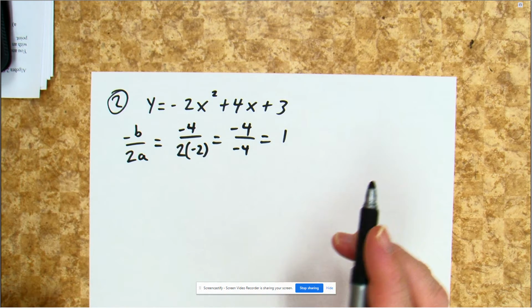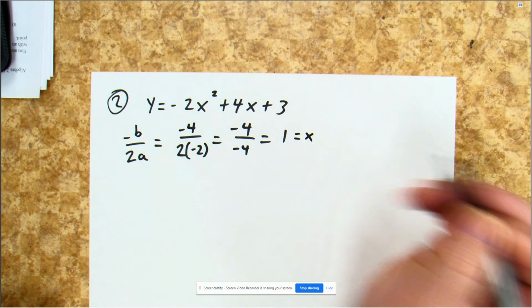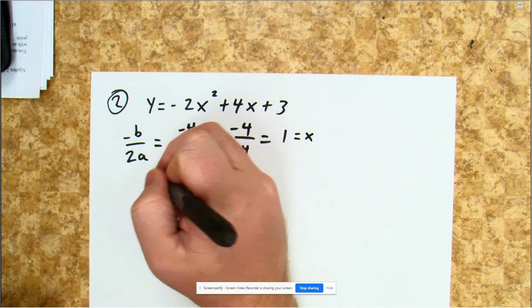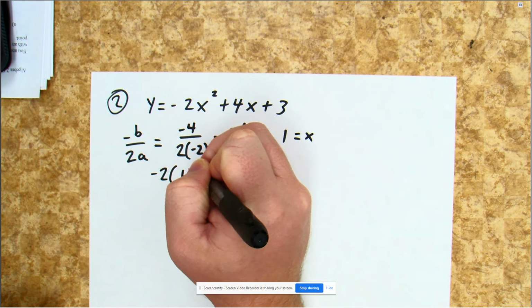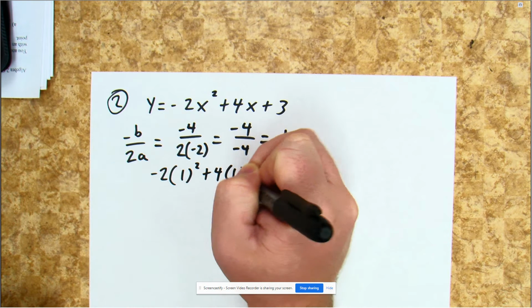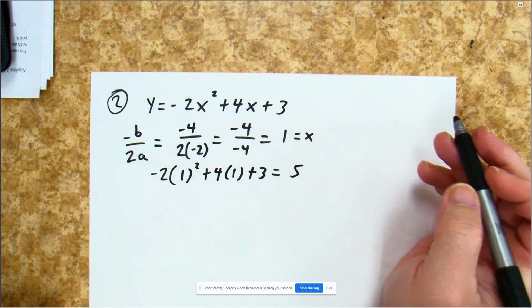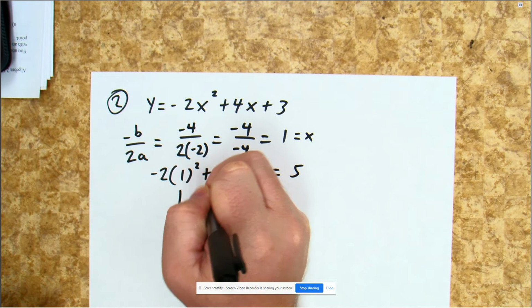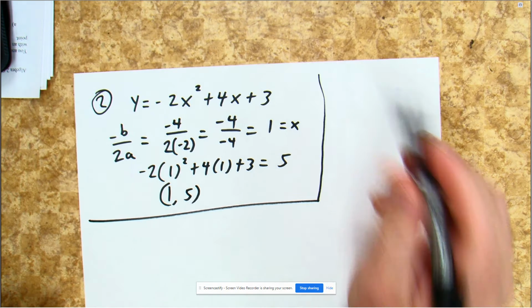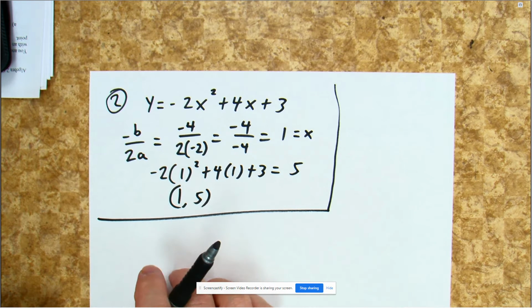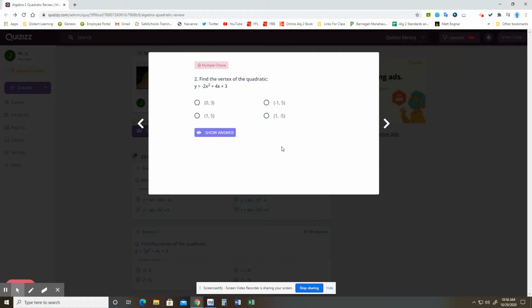Because this is the x value of the vertex, in order to get the y value, you simply have to plug the x value back in, which in this case, if you did it correctly, would spit out a 5, which means that the vertex of this particular problem is 1 comma 5. You can see that right there.